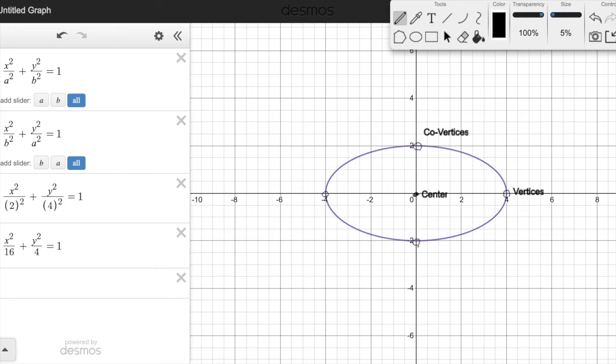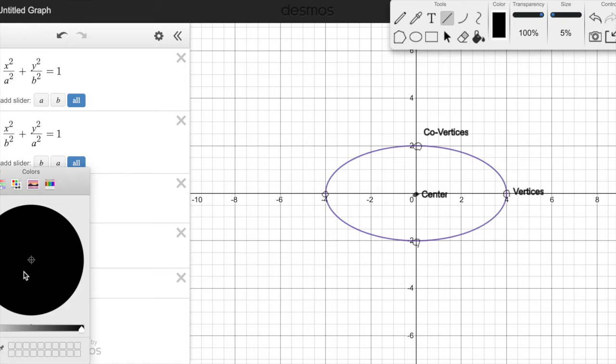If we were dealing with the up and down ellipse instead, they'd be flip-flopped. So if the number under the y value is smaller, the y direction gets the covertex. The one with the bigger number gets the main vertex. We also have something called, maybe I can switch colors here.